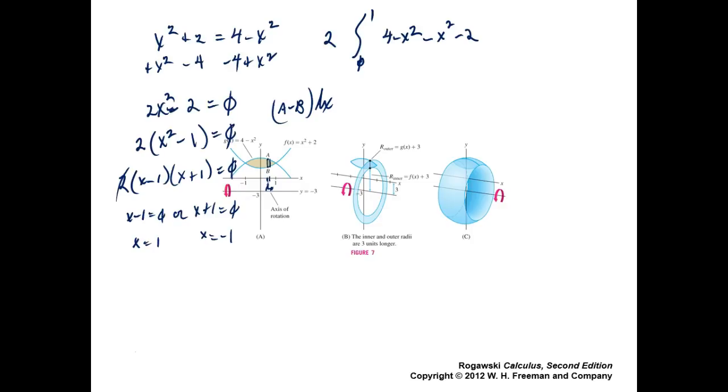It would be a minus b. And then you have a dx, okay? But that's not all, folks. This doesn't give you the volume, that gives you the area of this, 2 times that. You want the volume, so you're taking the area and you're rotating it around this axis here.